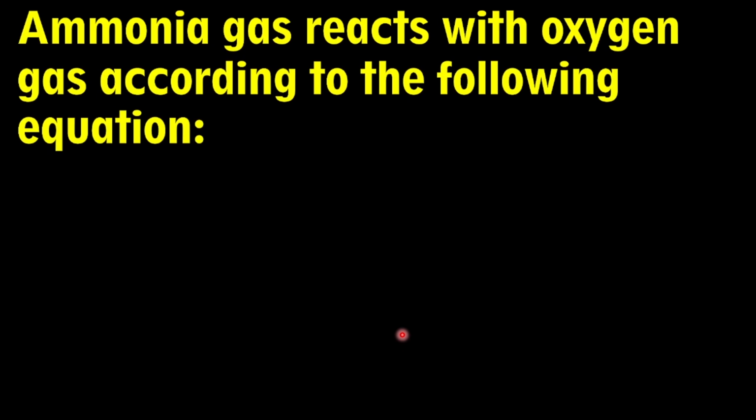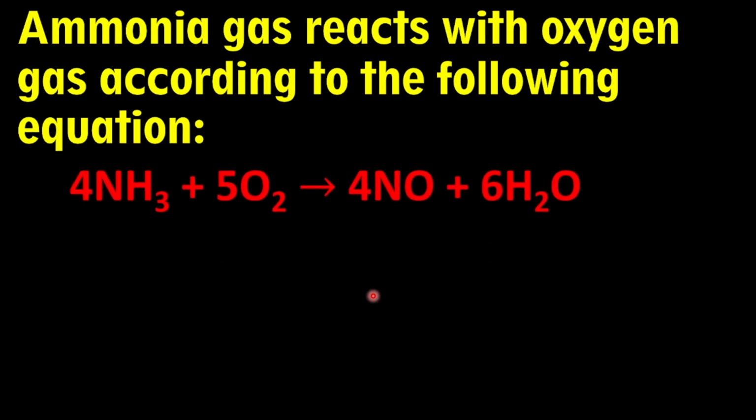Now let's look at this question. The question says ammonia gas reacts with oxygen gas according to the following equation. So now let's look at the equation. So we have 4 moles of ammonia plus 5 moles of O2, giving us 4 moles of NO plus 6 moles of water. So this is the equation.